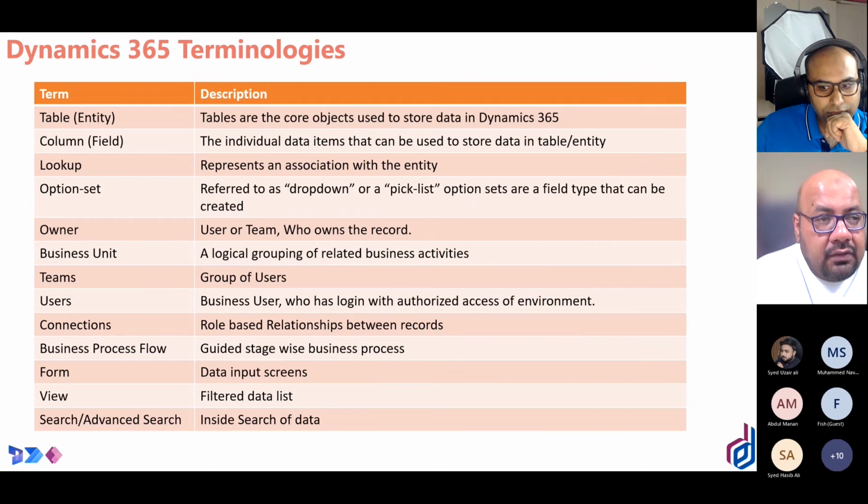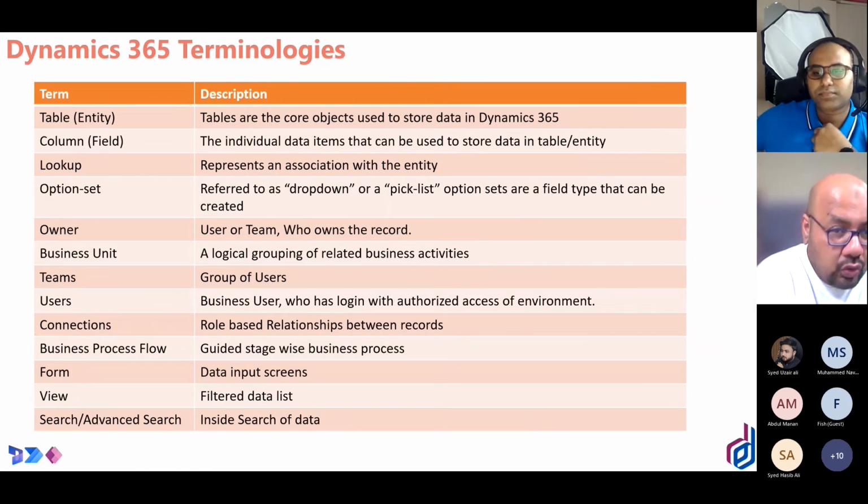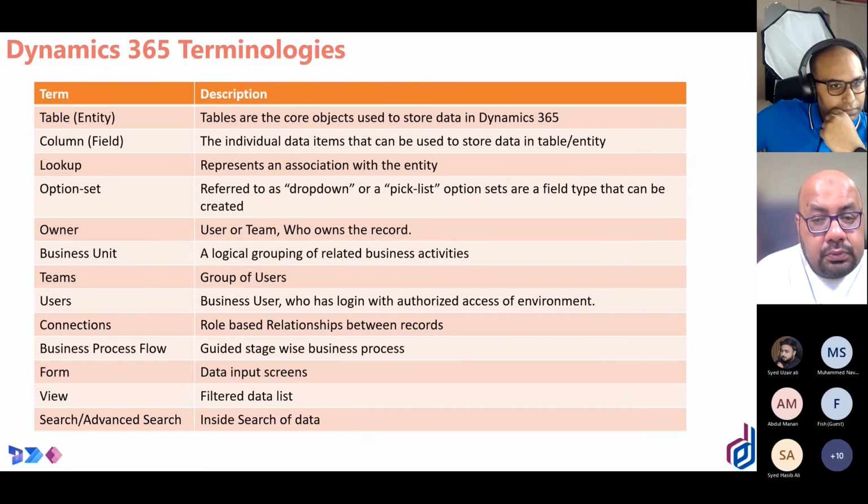In Power Platform, you will see it as a table, but if you are using the legacy or classic environment for customization, you will see entity. So table and entity are the same. It's just a core object where we store the information or data. Then we have column inside the table or entity, or we call it a field, where we put an individual type of information.